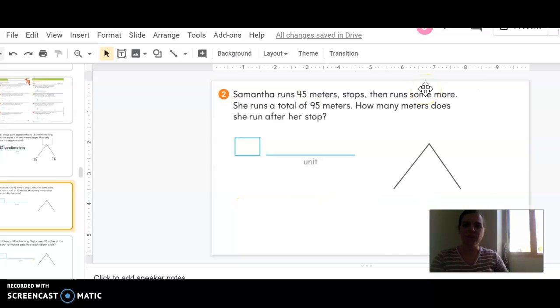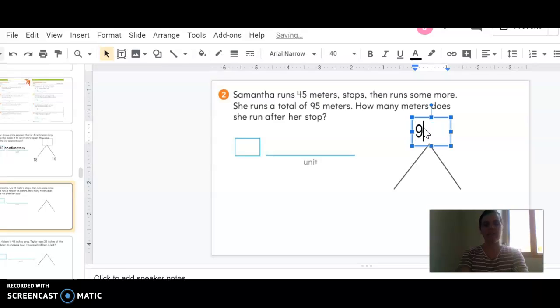Let's look at the next one here. Samantha runs 45 meters, stops, then she runs some more. We don't know how much more she ran, but we know she started running 45. She runs a total of 95 meters. How many meters does she run after her stop? So how many total meters did she run all together? 95, yep. So at the top of our math mountain is 95 because that's our total.